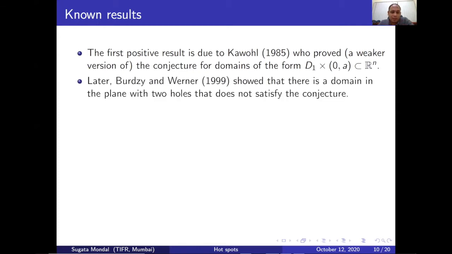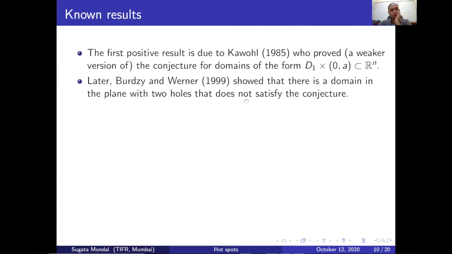Now later, in 1999, Burdzy and Werner showed that there is a domain in the plane with two holes that does not satisfy the conjecture. So this is a negative result, and that kind of forced people to believe that there should be some restrictions. This is the first negative result, and after that, Burdzy extended this construction even further.